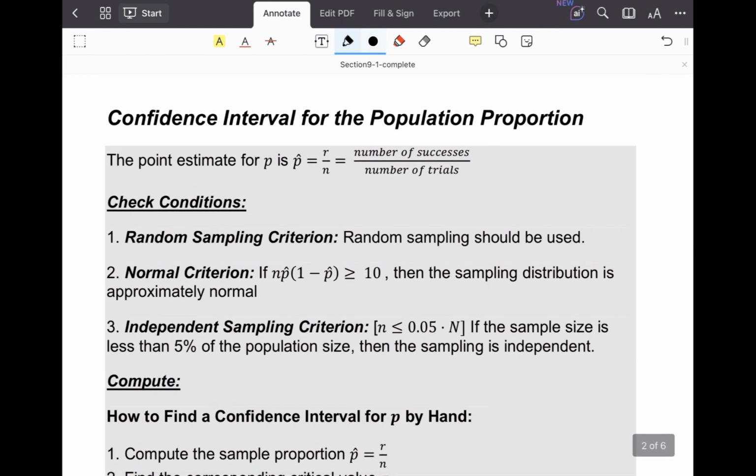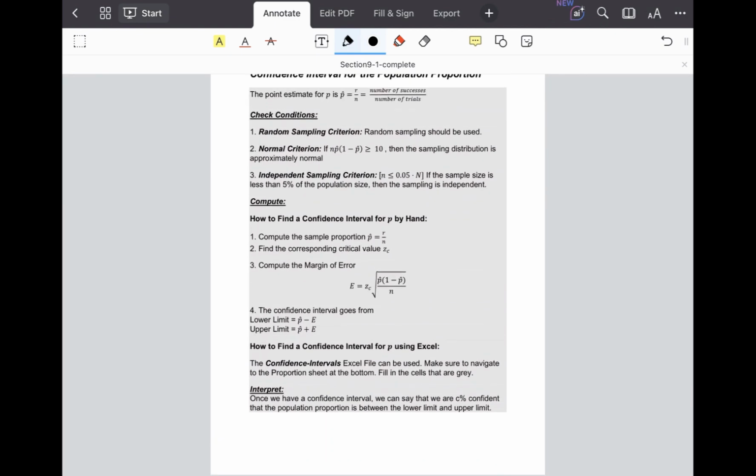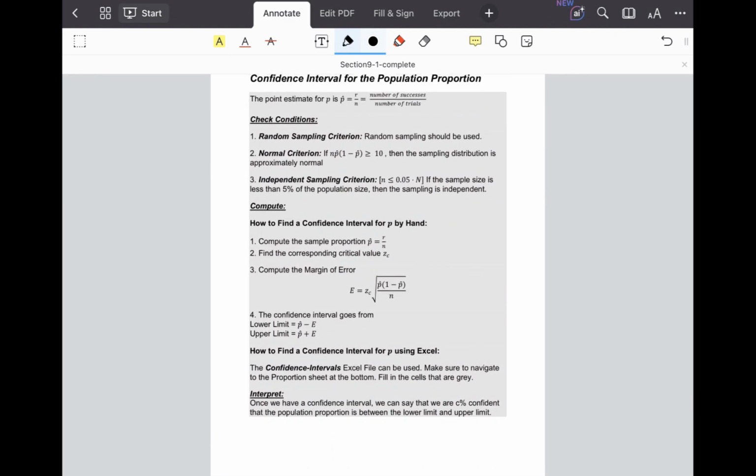Now, with confidence intervals, I'm going to have these sheets that are usually one page, and they're going to list a lot of things that you don't necessarily need to memorize. Mainly because I want you to use technology in order to get these confidence intervals.